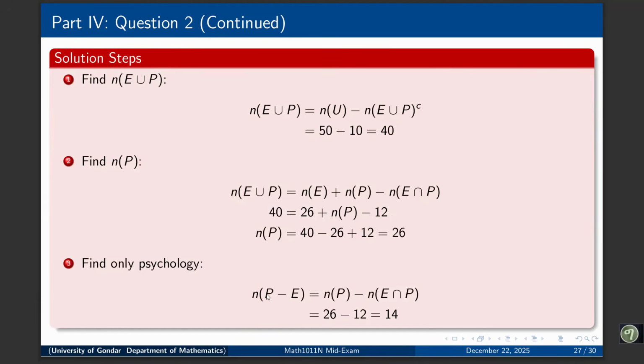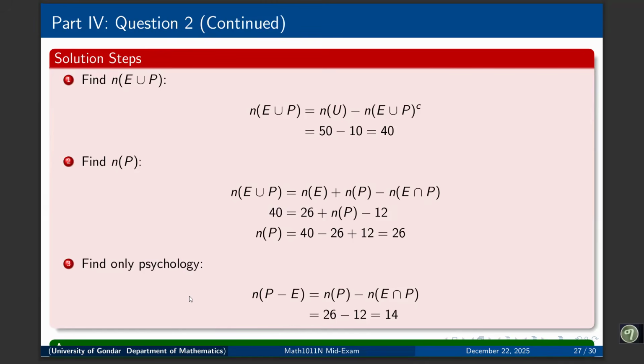So the number of P minus E is 26 minus 12, which is equal to 14. Therefore, 14 students take only psychology without taking economics. So the answer for the problem is 14.